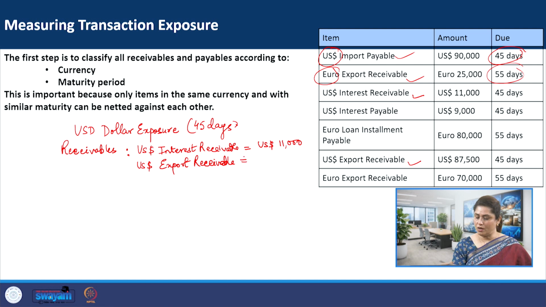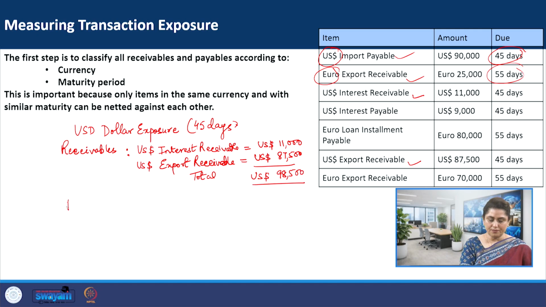So the total receivables that we will get is US dollar 98,500.